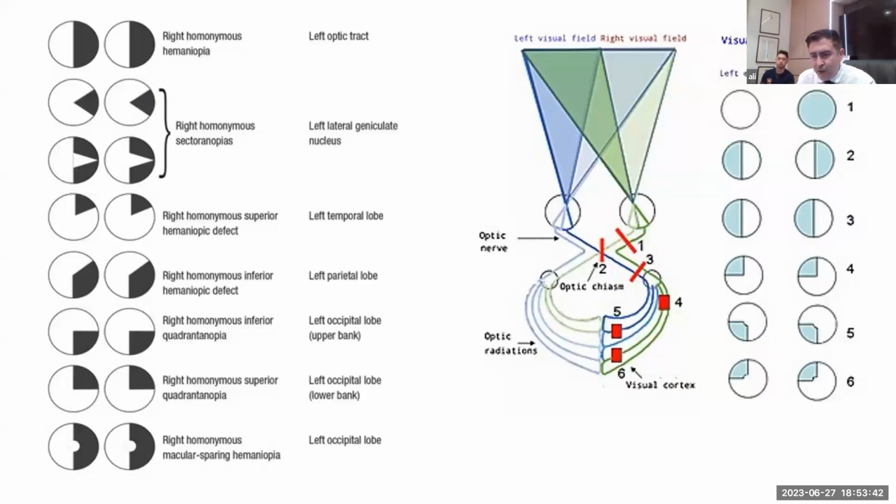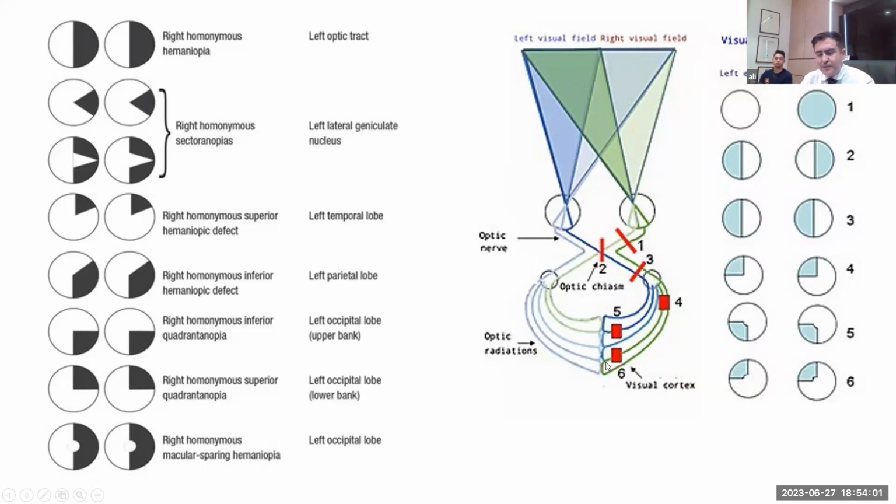If someone has a parietal lobe lesion, it can interfere with the lower quadrant, contralateral to the lesion. So if you have a right-sided cortical lesion here, you will have a left-sided homonymous hemianopia.